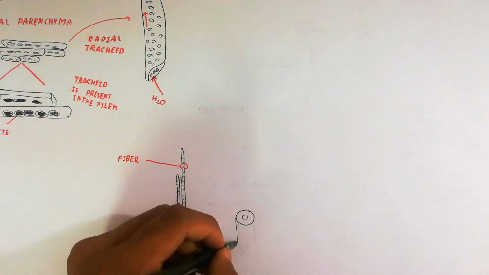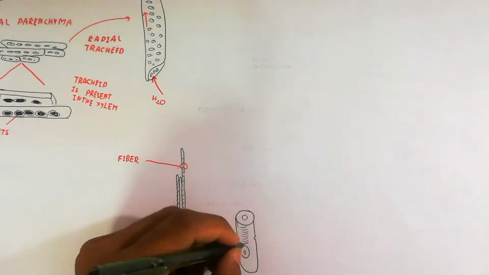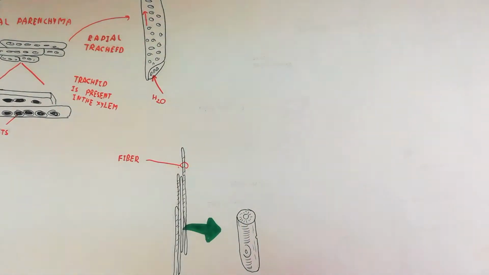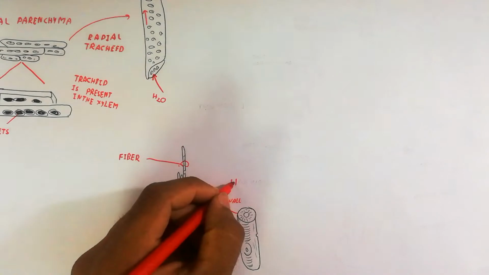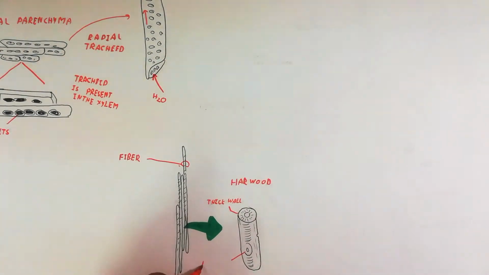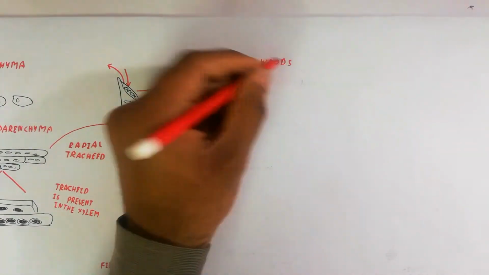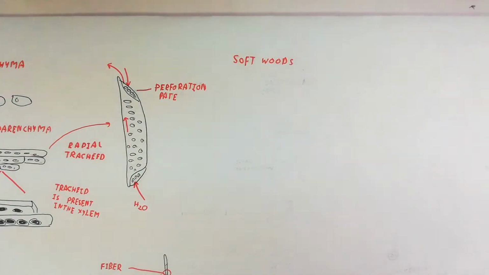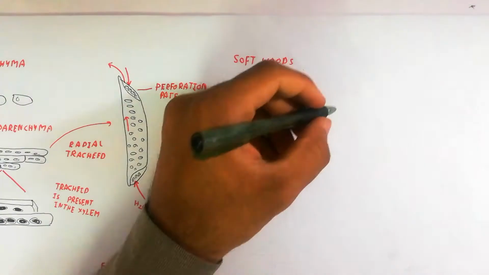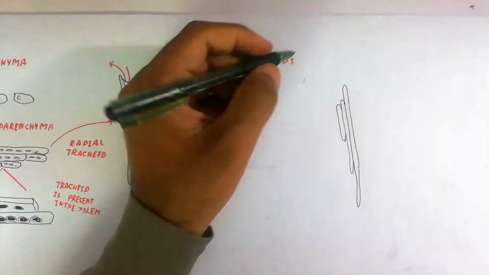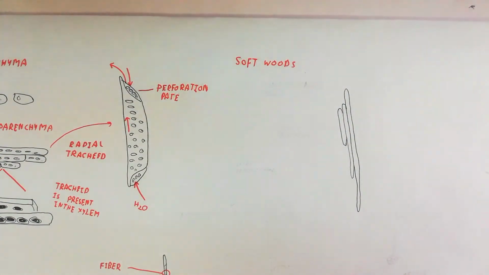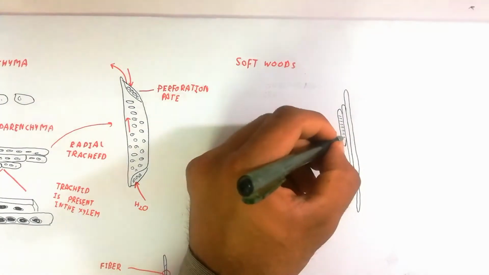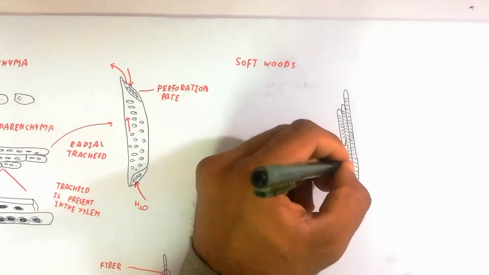Xylem also contains fibers. Here we will draw the fiber, which has a thick wall. The thick wall fiber is present in the hardwood, and here the pits are present for the absorption and releasing of water.